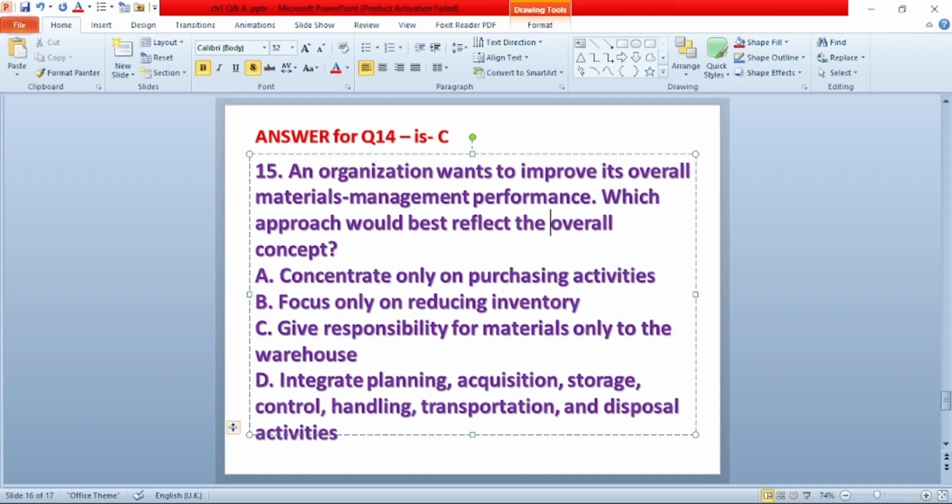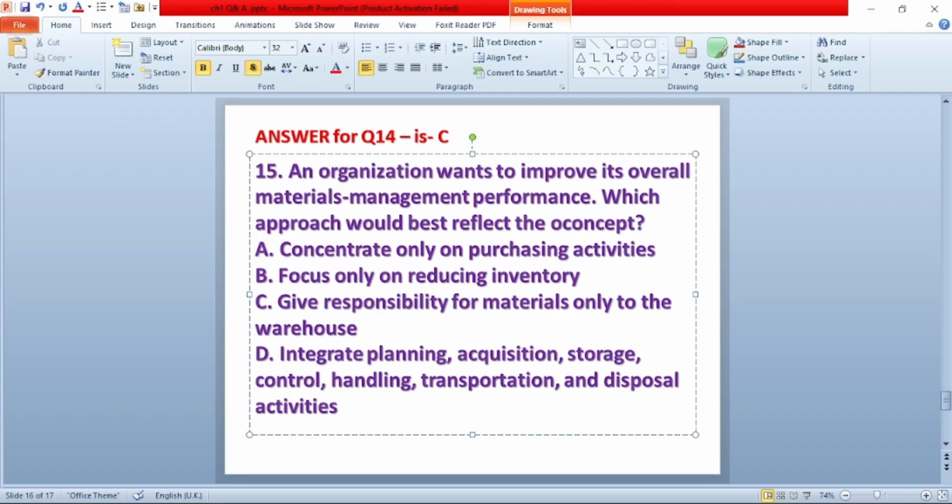Question number 15. An organization wanted to improve its overall material management performance. Which approach would best reflect the overall concept? A. Concentrate only on purchasing activity.